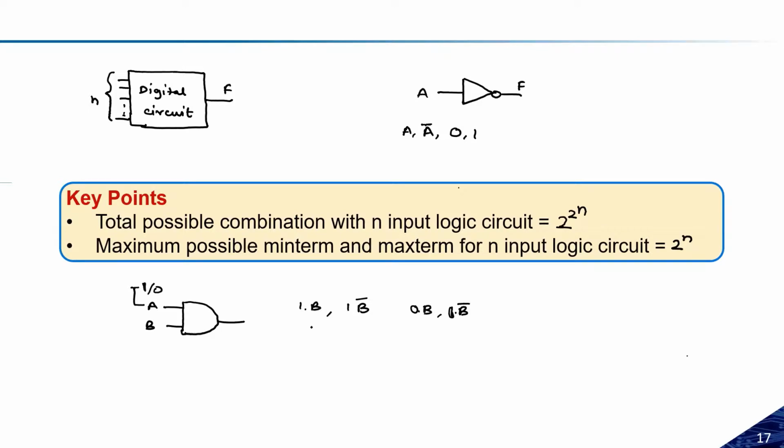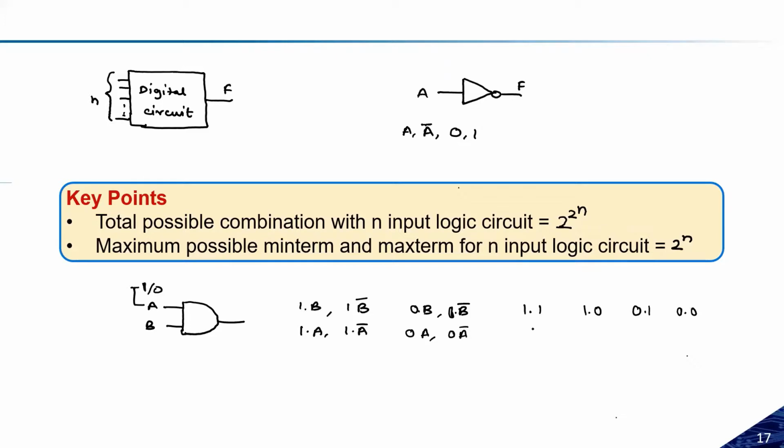Similarly, you can do it for A. 1 into A, 1 into A bar, 0 into A, 0 into A bar. Then 1 into 1, 1 into 0, 0 into 1, and 0 into 0. So you can find all the possible combinations and check how many we can accommodate.